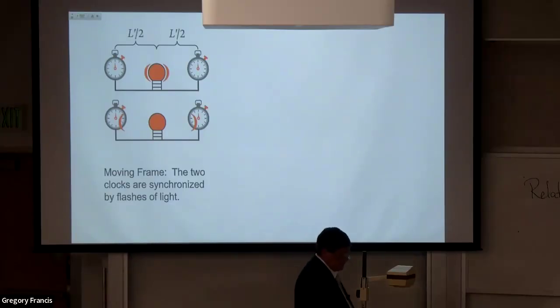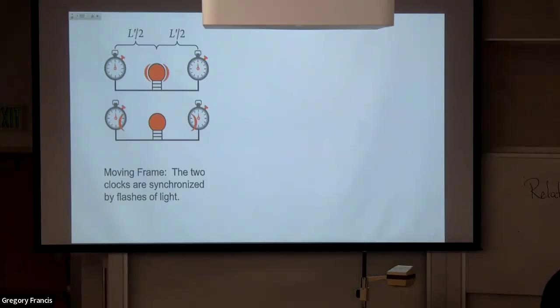Now, let me see if I can justify that. If we look in a moving frame, say a train car that's moving at some appreciable fraction of the speed of light, and we want to synchronize our clocks, and one is at the front of the train and one's at the back of the train.